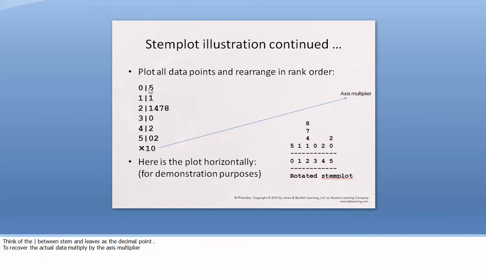Okay, so here again, these are the stem values, and now if you go back to the data, you can see that the leaf for the observation 05 was 5, and you can put all the leaves onto the right side of this vertical stroke. When you have the stem and leaf, you can think of this vertical stroke like the decimal place.